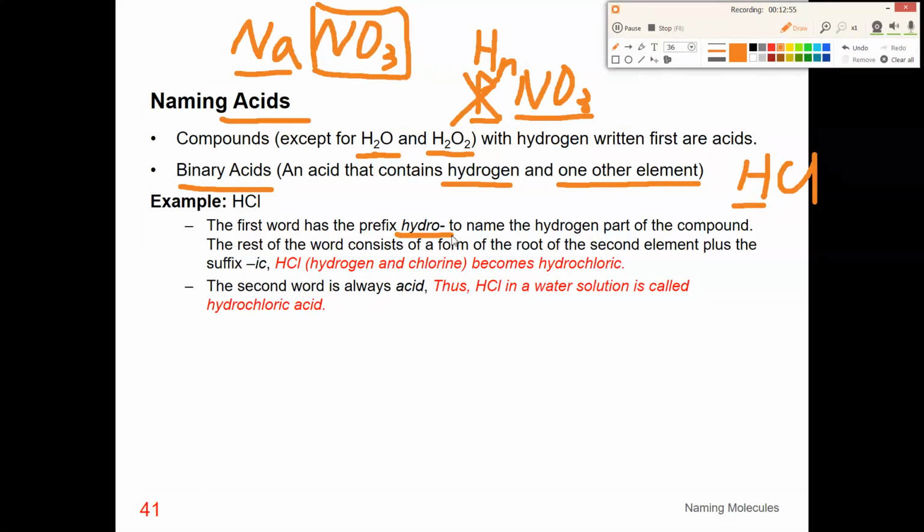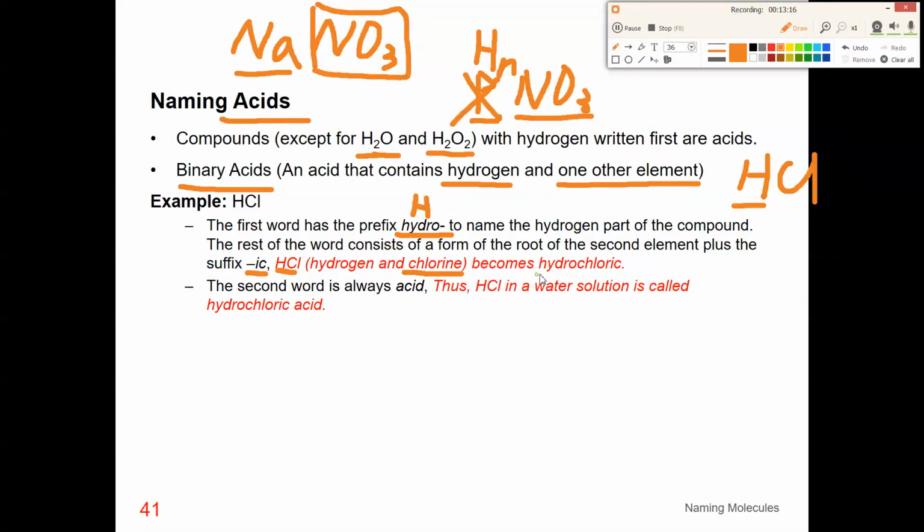You add hydro there. Hydro means hydrogen. Start with hydro, and whatever the other element is. In this case, HCl is chlorine. You change the ending, the suffix, to IC.